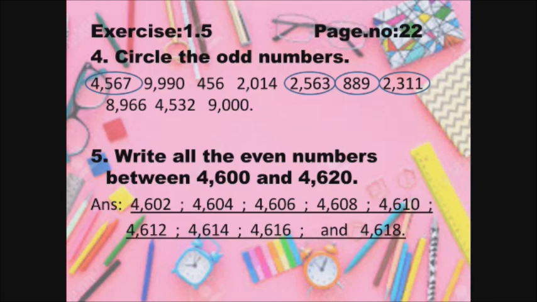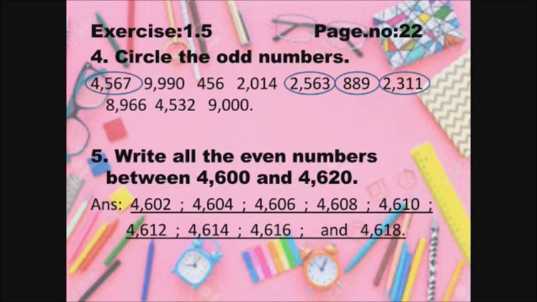Next, fifth sum. Write all the even numbers between 4600 and 4620. So in between numbers, what are all the even numbers we have to write here? So 4602, 4604, 4606, 4608, 4610, 4612, 4614, 4616 and 4618.